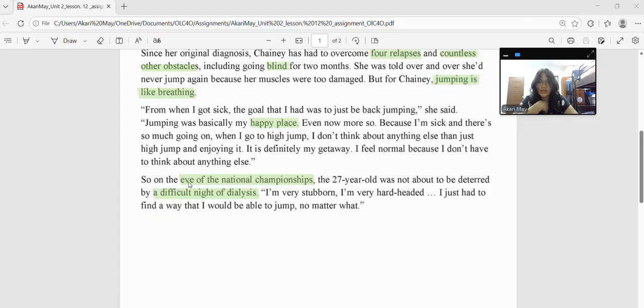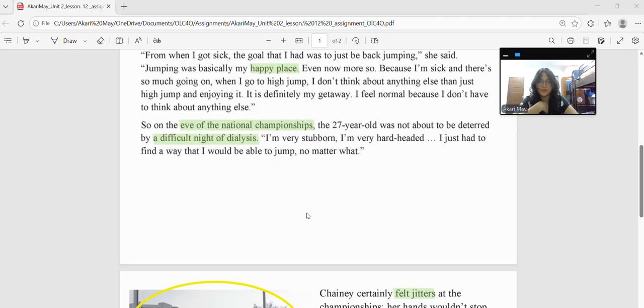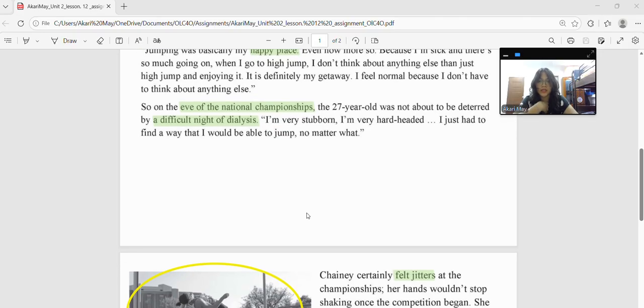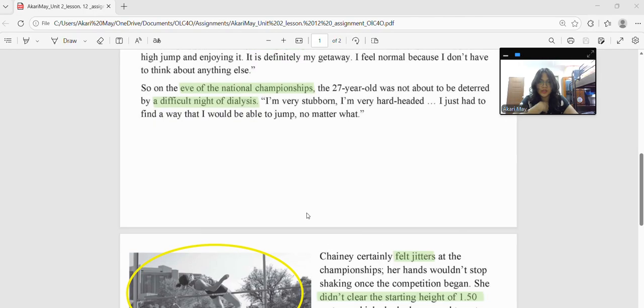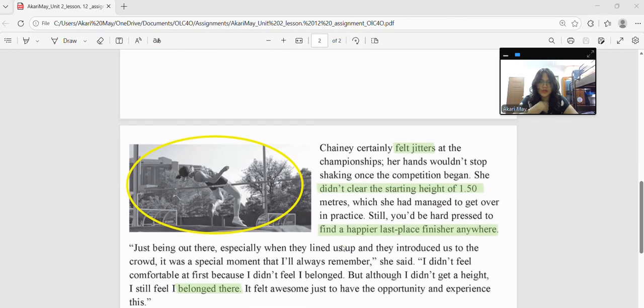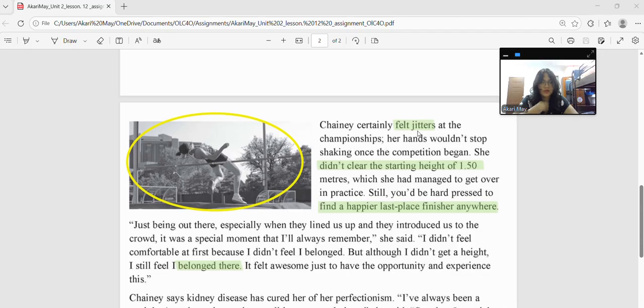So one is about the eve of a national championship. So the desire that grew in her has led her to join in this competition. She felt jitters. So that shows how she felt when she first joined the championship and competition after 9 years of her travails.